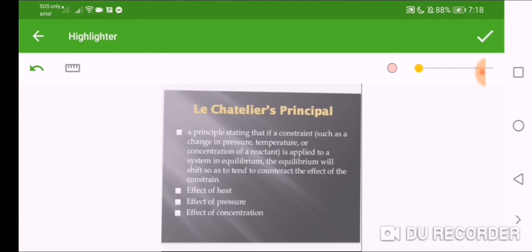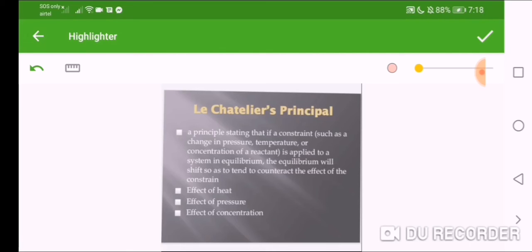Another topic is about Le Chatelier's principle. It's an important topic for your learning, because this Le Chatelier's principle is needed in your class and higher study.